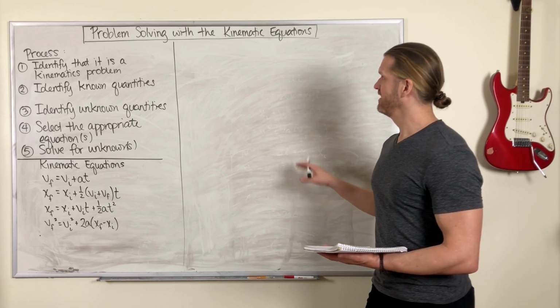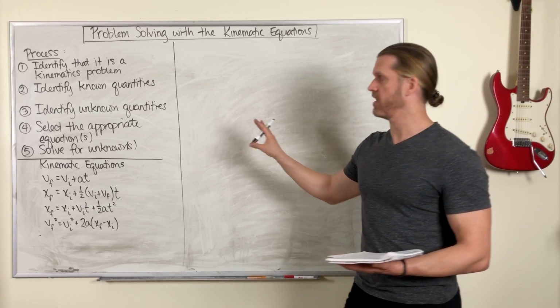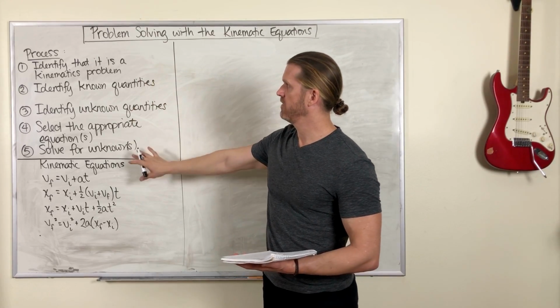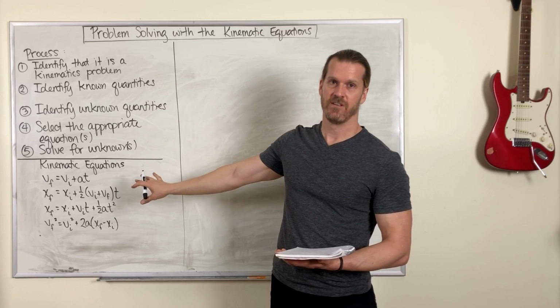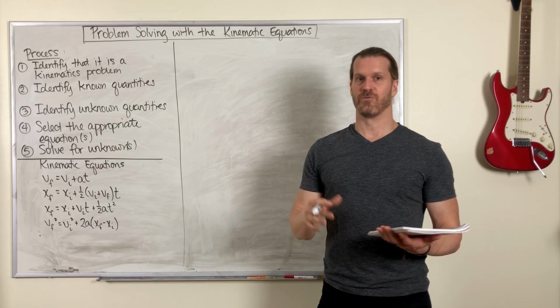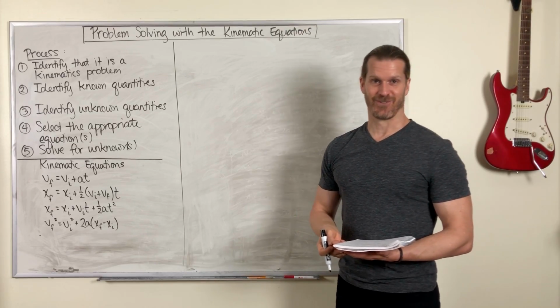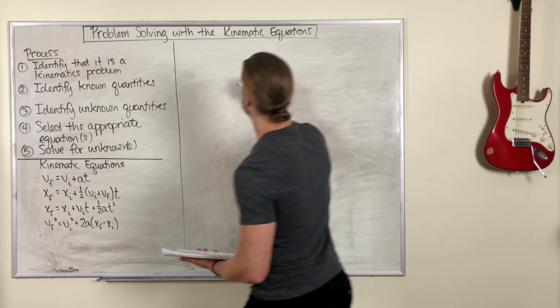So even though these examples are kind of simple, I want you to make sure to go through this process so that when we get to the harder problems, you have internalized the process and you can use it for those. Okay, first example.